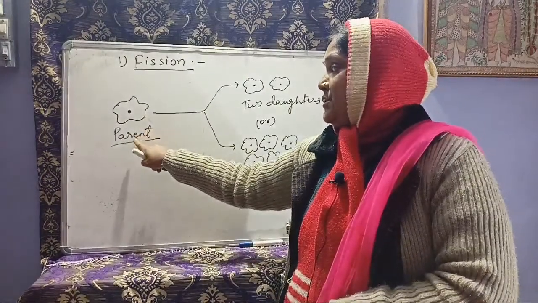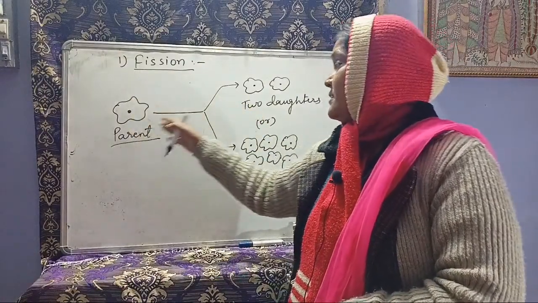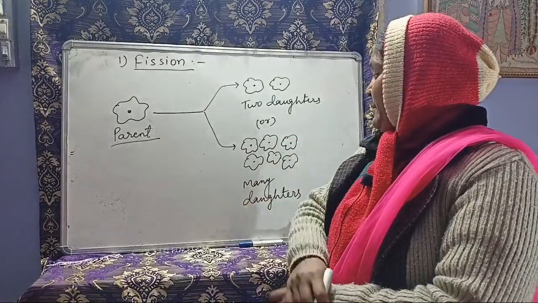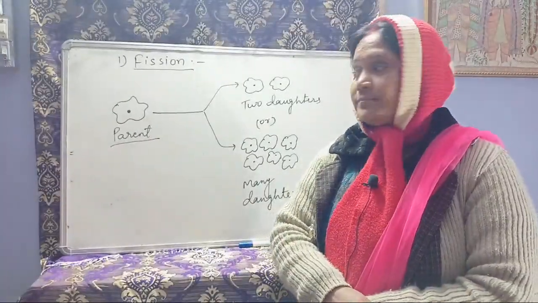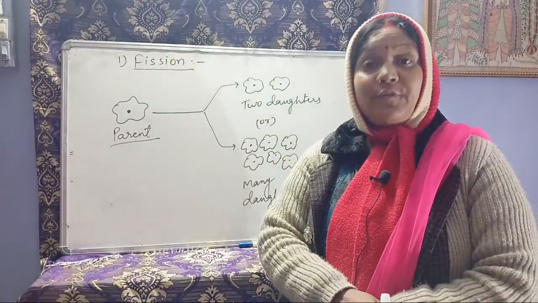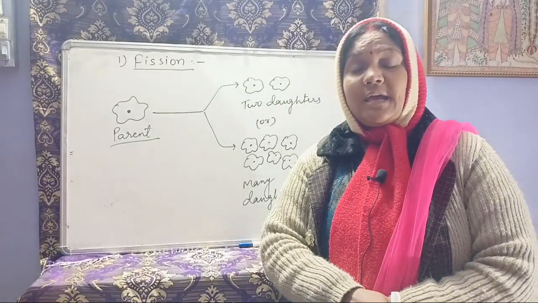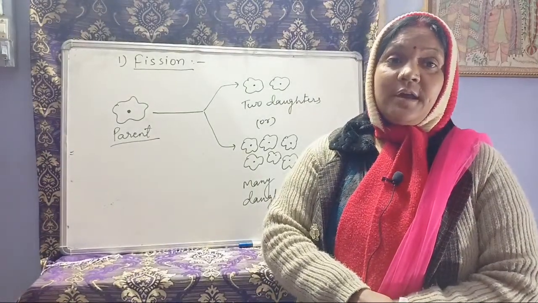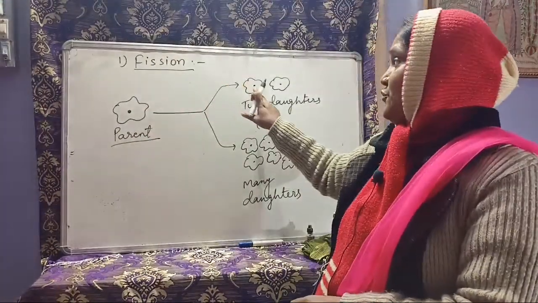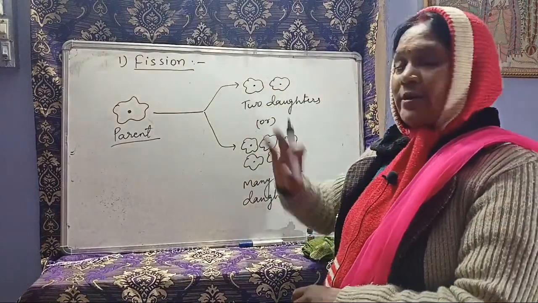And unicellular organism divides to form either two daughters or many daughters. Such division is called fission. Fission is asexual reproduction in which unicellular parent divides to form two daughters or more than two daughters.